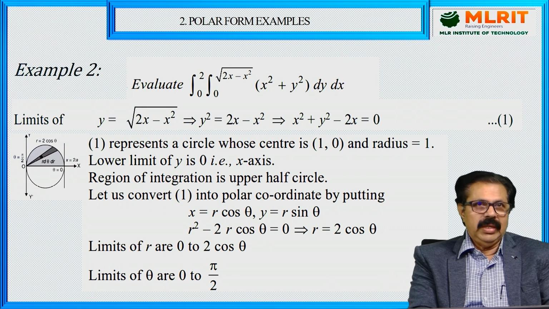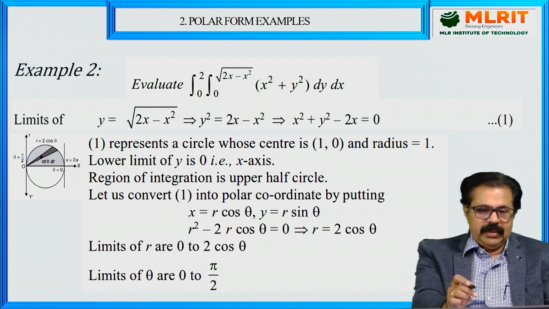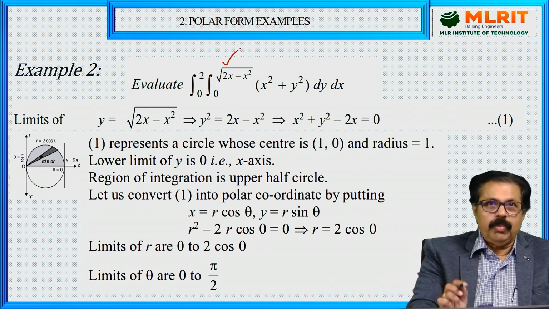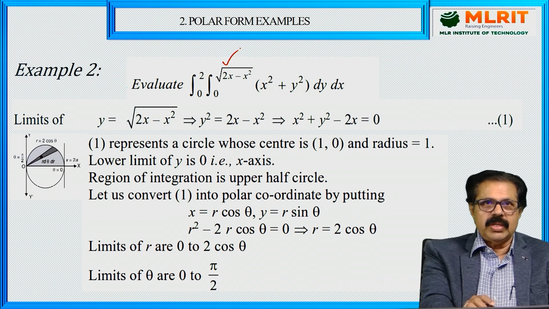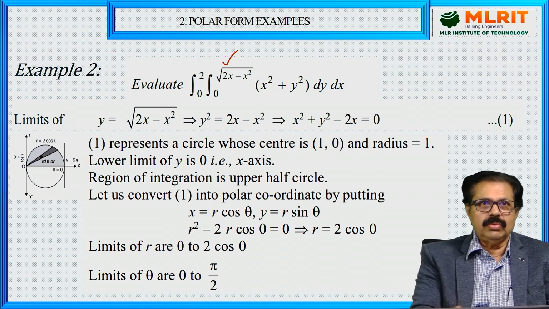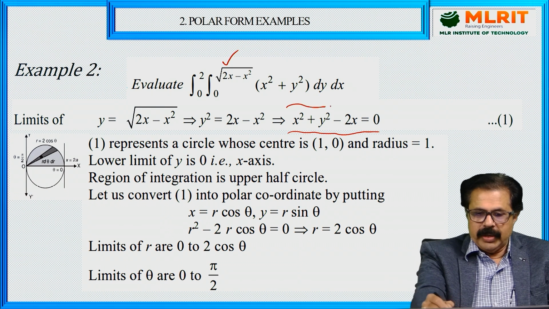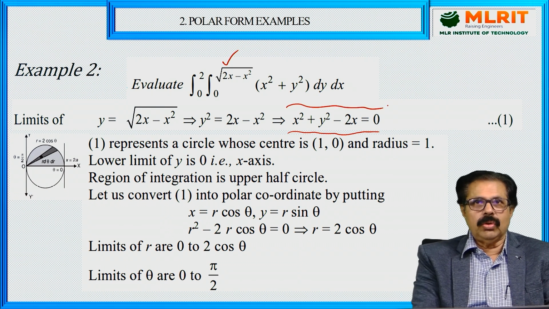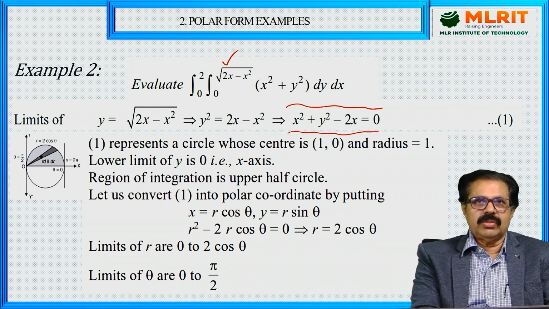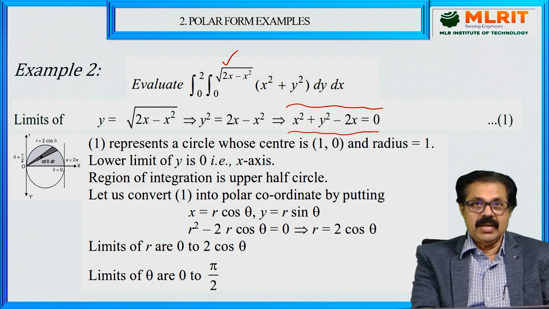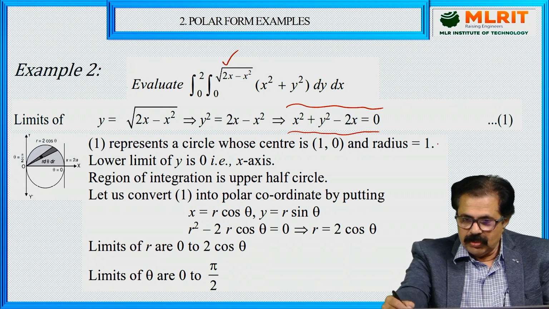It becomes easier. So if you take the top limit y is equal to under root 2x minus x square, and rearrange the terms, you get x square plus y square minus 2x equal to 0. Clearly, if you complete the squares, it is a circle. Center is 1, 0, radius is equal to 1.